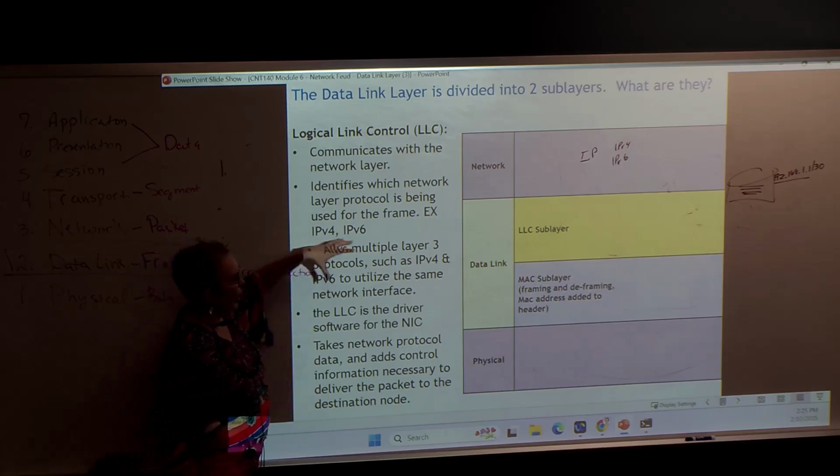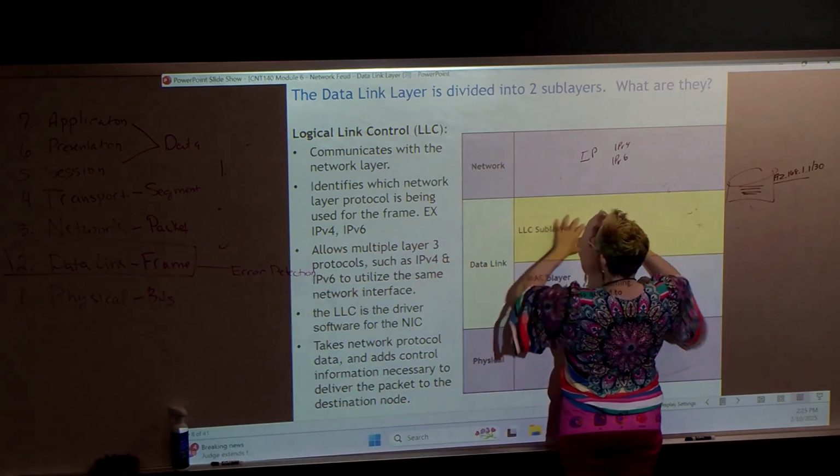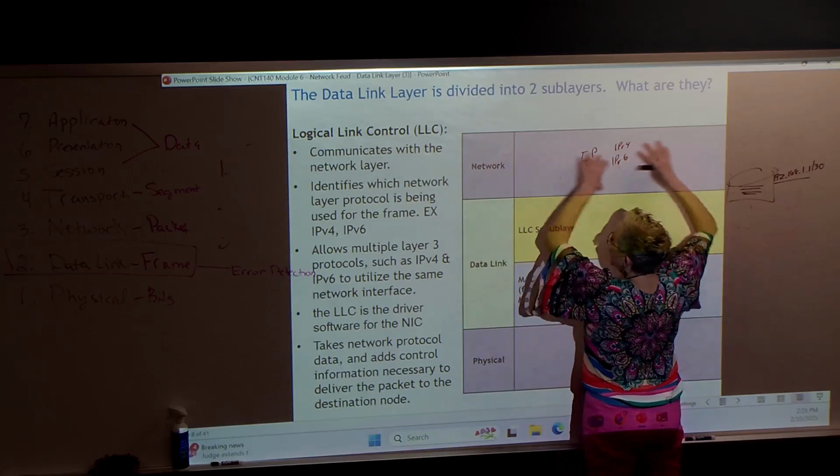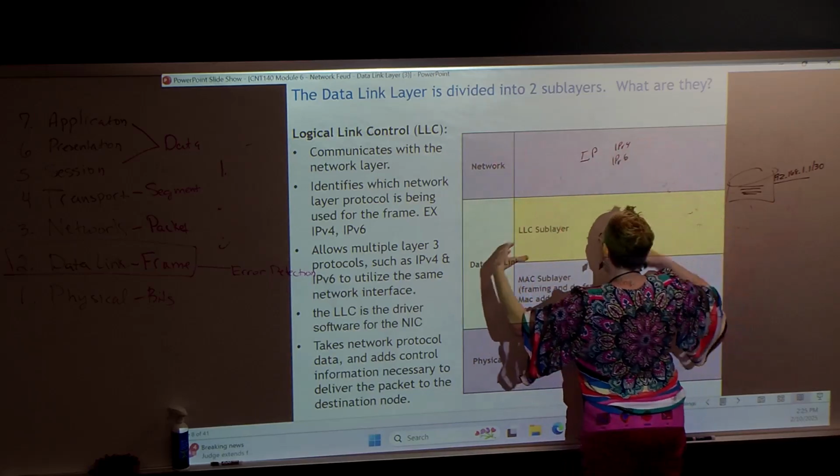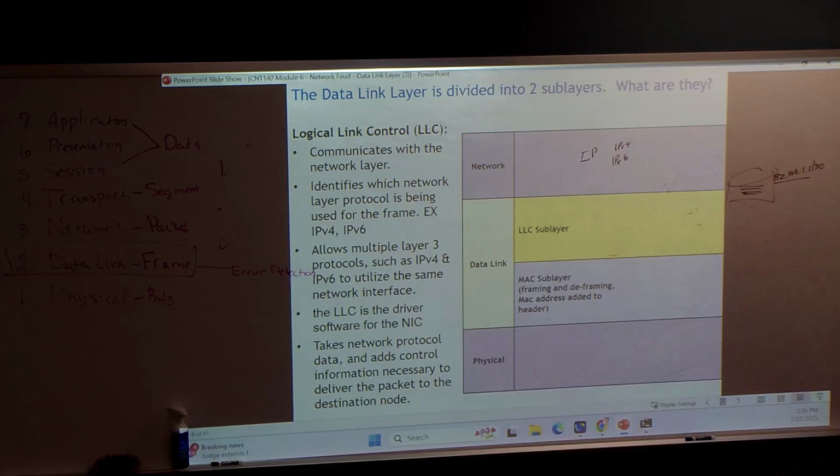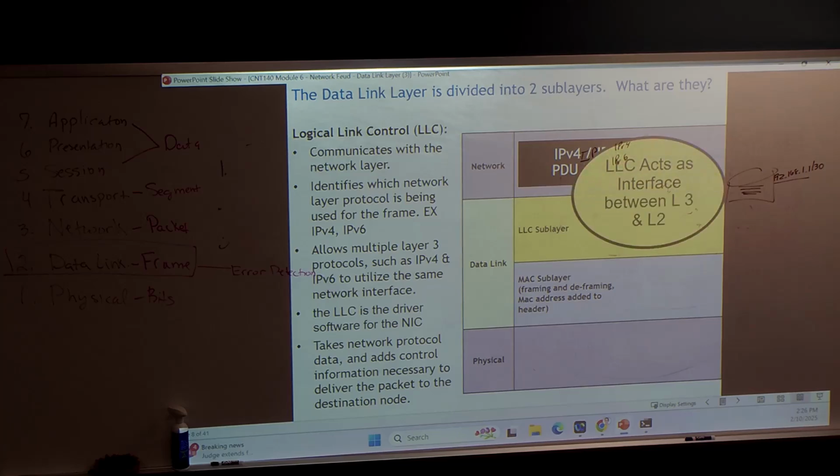Remember, this sublayer's job is to help the network layer, that packet, get over to the destination. It acts as an interface between layer 3 and layer 2.